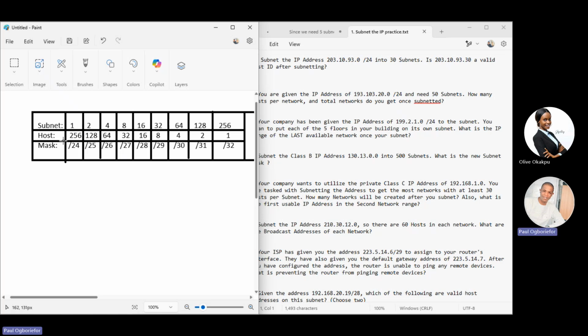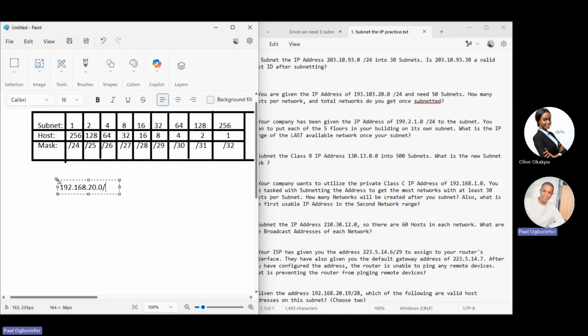Okay. Now, by default, the mask is /24. Let's take an example, 192.168.20.0.